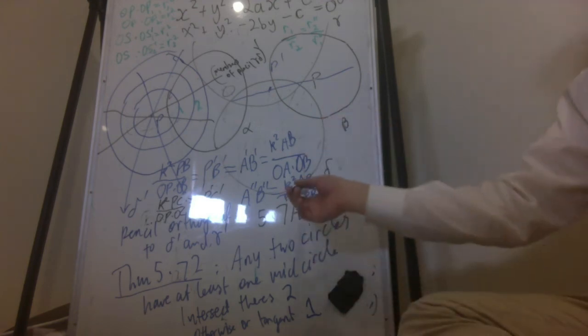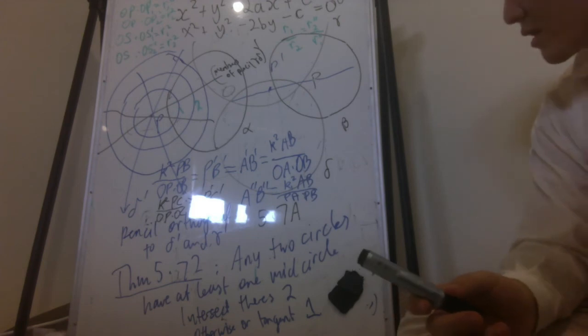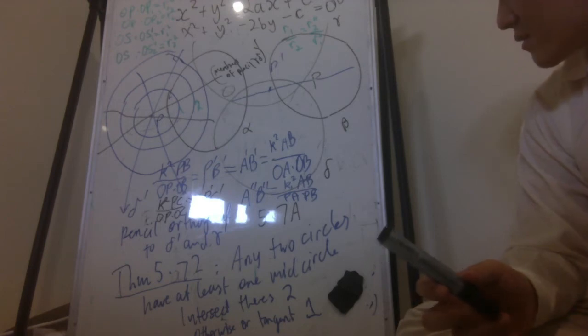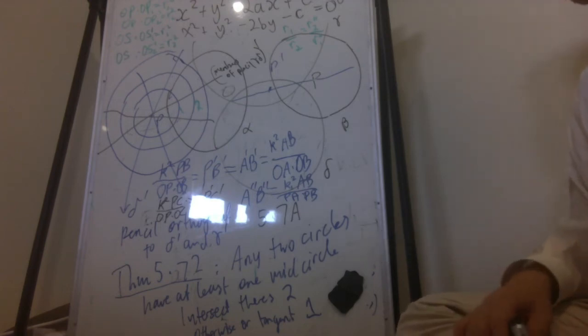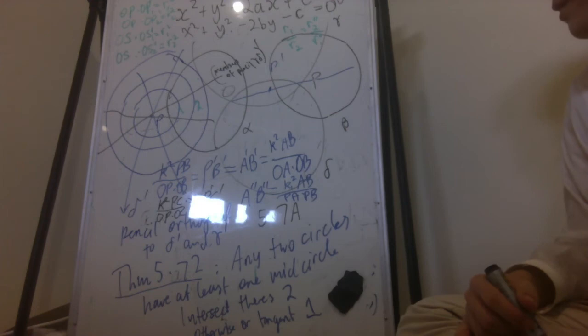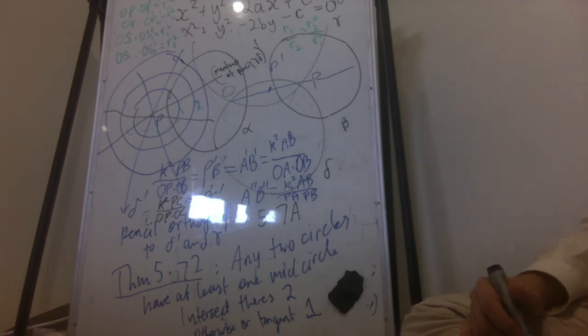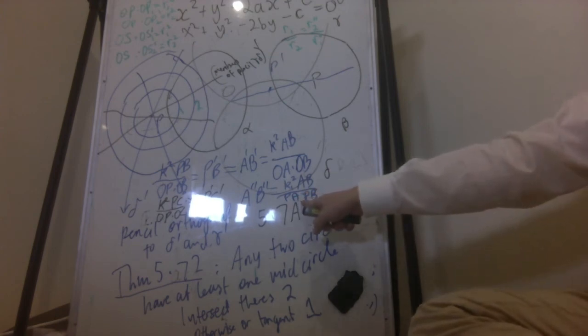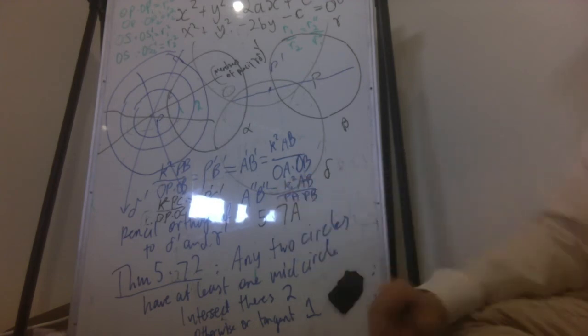For this, maybe we can say something like, what happens here? Okay, so we want to invert about P now, so we change these to P's. We don't care about the radii that much.